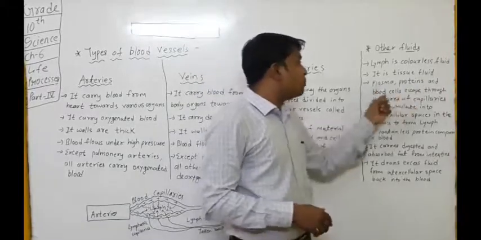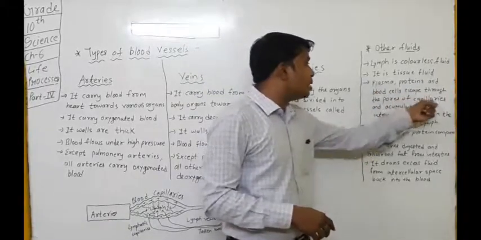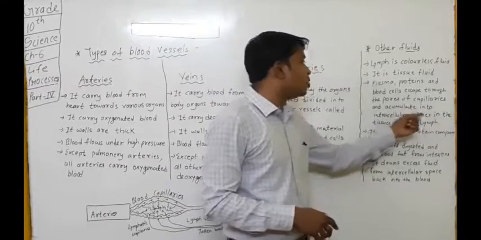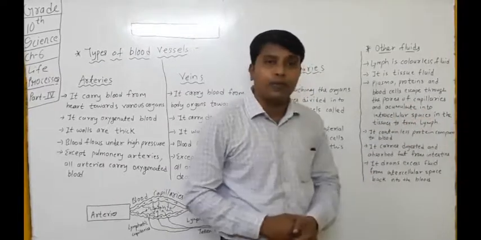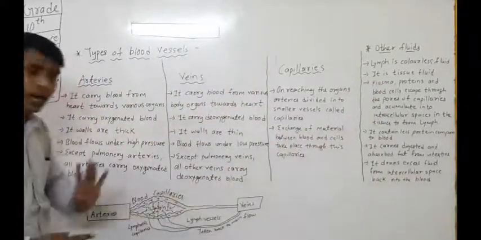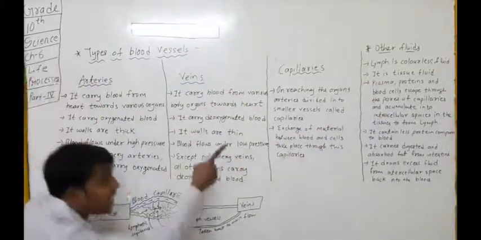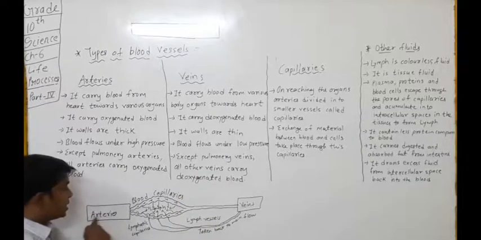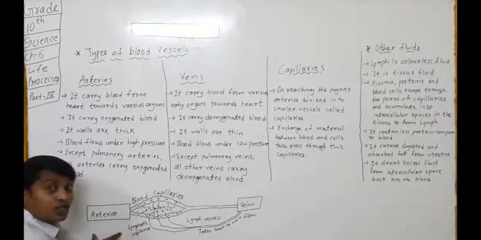Plasma, protein and blood cells escape through the pores of the blood capillary and accumulate in the intercellular space in the tissue to form lymph. Now to understand this point, just refer to this diagram. This is the artery. It carries oxygenated blood.